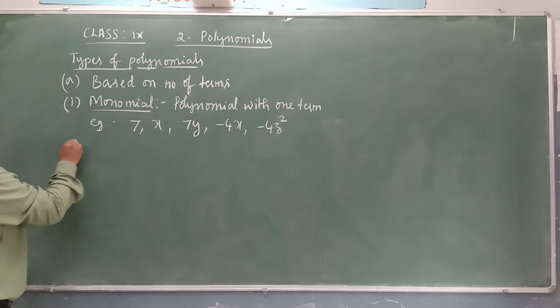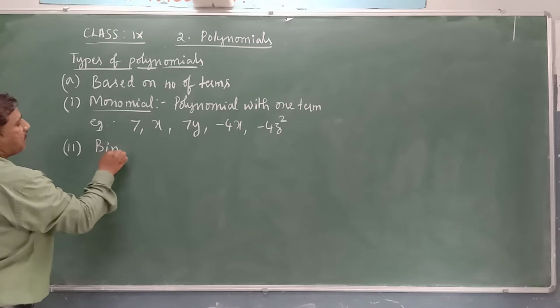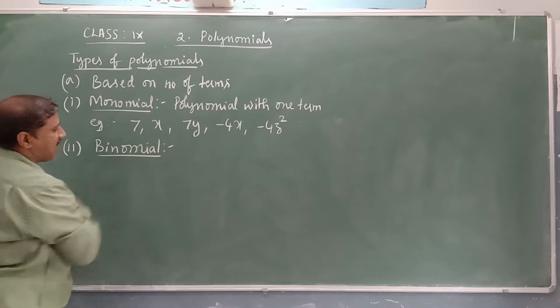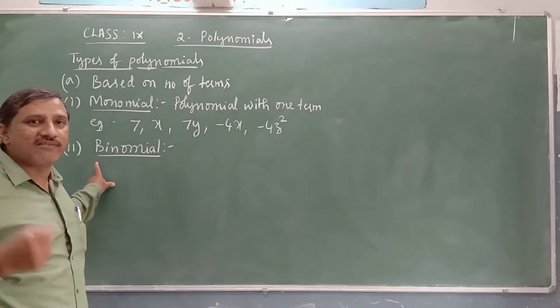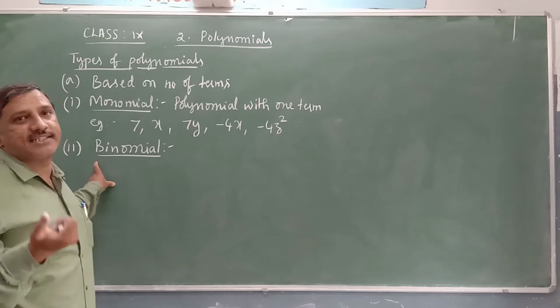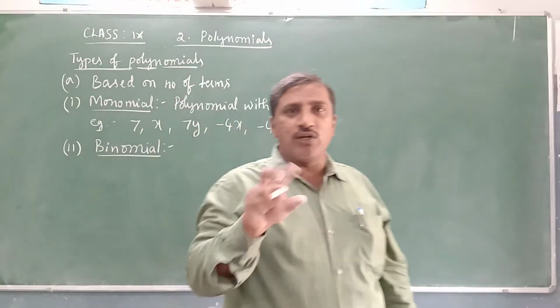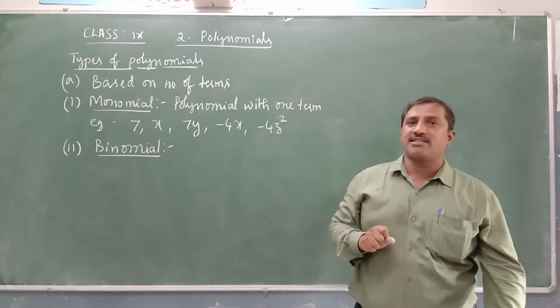Next, the second type of polynomial is binomial. You have come across the word binomial. Bi means two. Bisector, divided into two equal parts. Binomial number system: bi means two, having two digits 0 and 1, that number system is known as the binary number system.